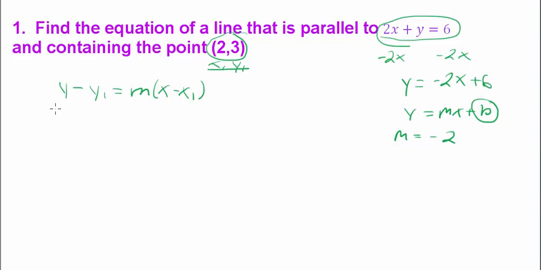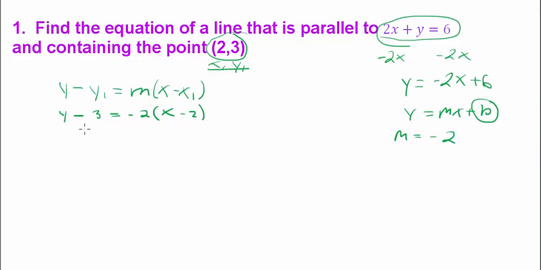So let's substitute all the values we have. We want to keep the variable y because we need an output variable or a dependent variable. We do want to substitute a value for y1, and in this case it will be 3. We do have a value for m, our slope, which is -2. And we do have a value for x1, which would be 2 from the ordered pair I gave you.